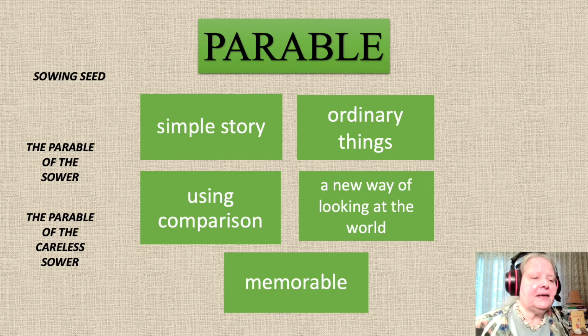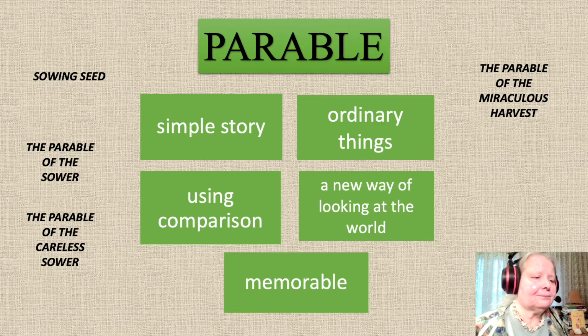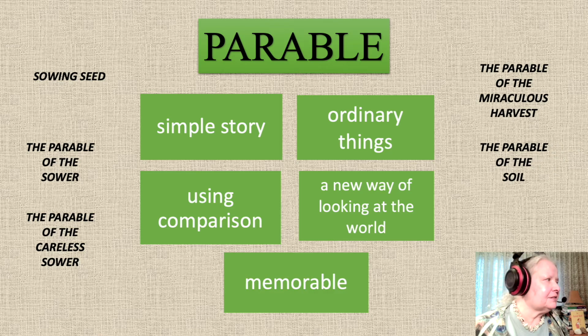An optimist might name it the miraculous harvest, because there is a surprising harvest despite the poor distribution methods. The sower and the seed are always considered as good. That is, a stable element in the story, and the variable is the type of soil. So a practical person might suggest it be named the parable of the soil.